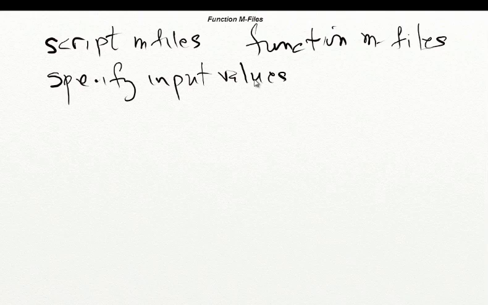You specify them when you run the function from the MATLAB command window or from another M-file. Now you already know how to define functions via the @ syntax. That was what we called anonymous functions.